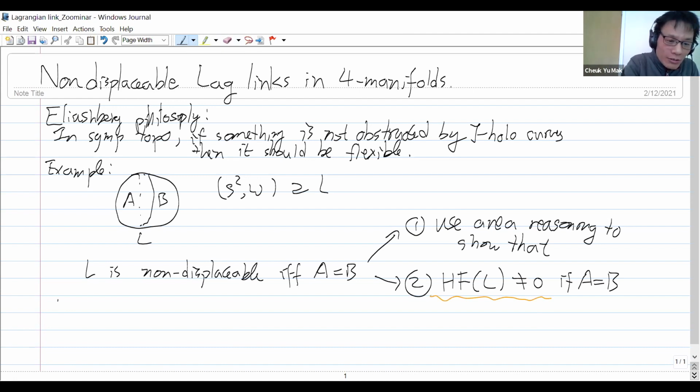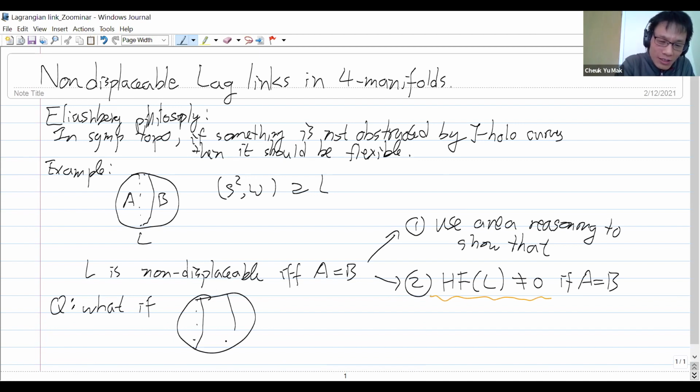But it is very natural to ask, what if we consider, again, the symplectic manifold to be a sphere, but we consider a Lagrangian which is a disconnected submanifold inside, the union of two circles, separating the sphere into three regions of area B, C, and B, and L is the union of them.